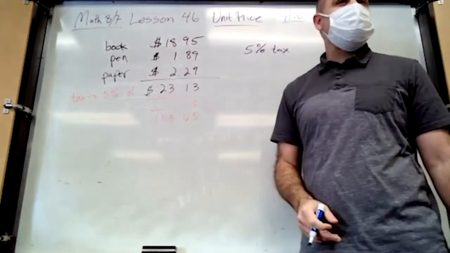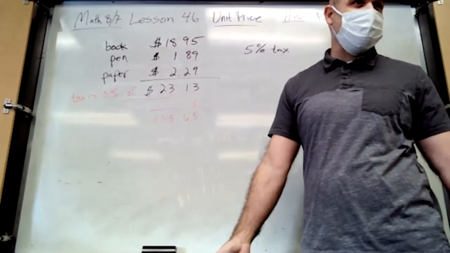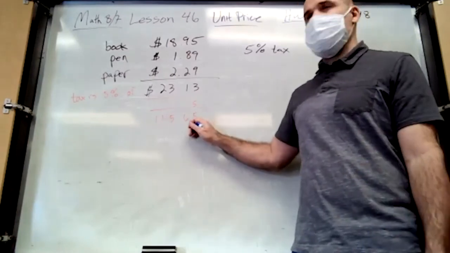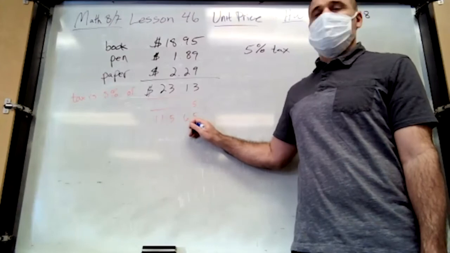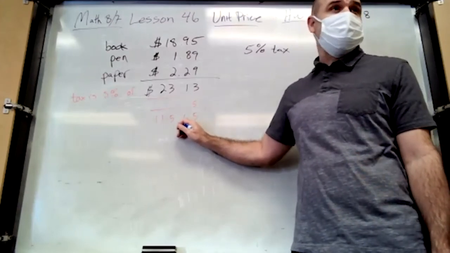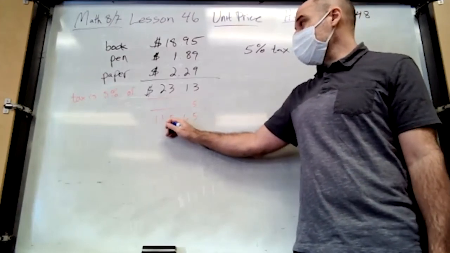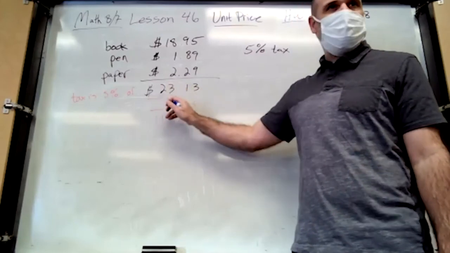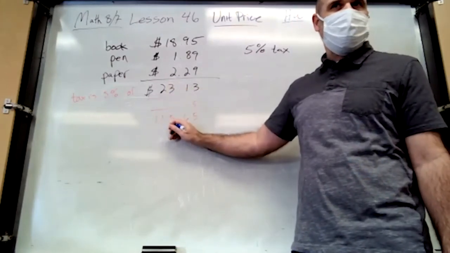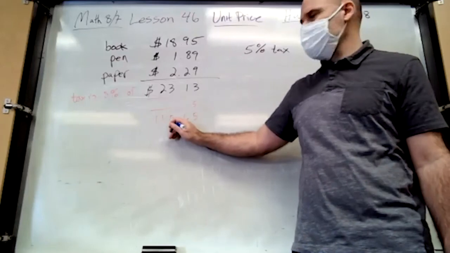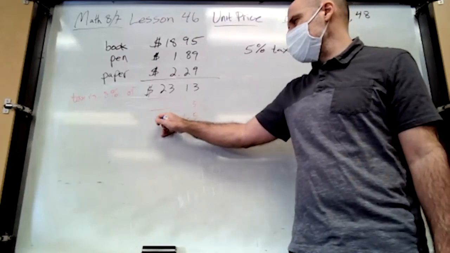You stop wherever makes sense. If you stop there, you're not paying $1,000 of tax, not $100 of tax, not even $11 of tax. You're not paying half the price of the total on tax. But right there makes sense.